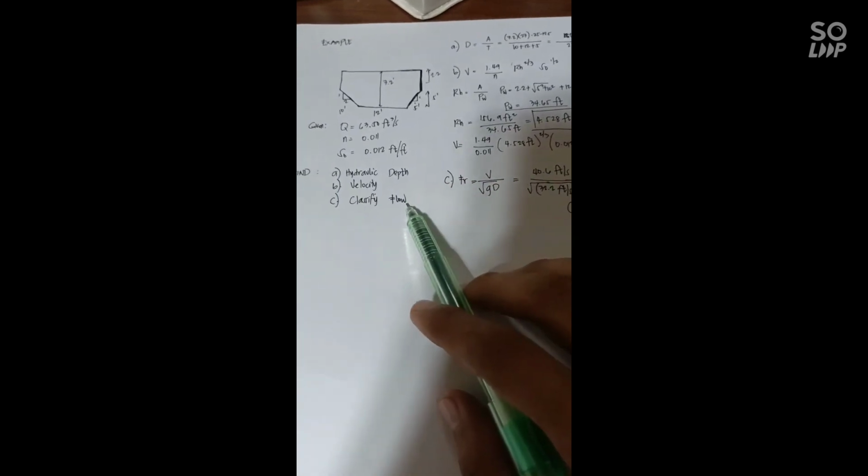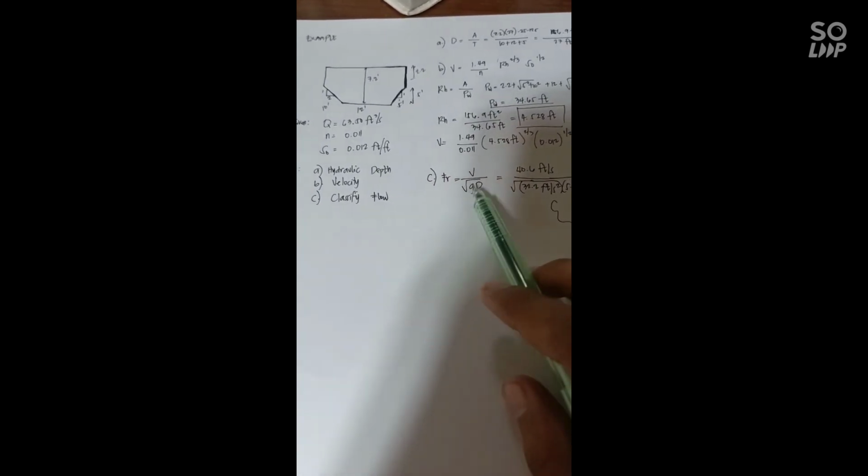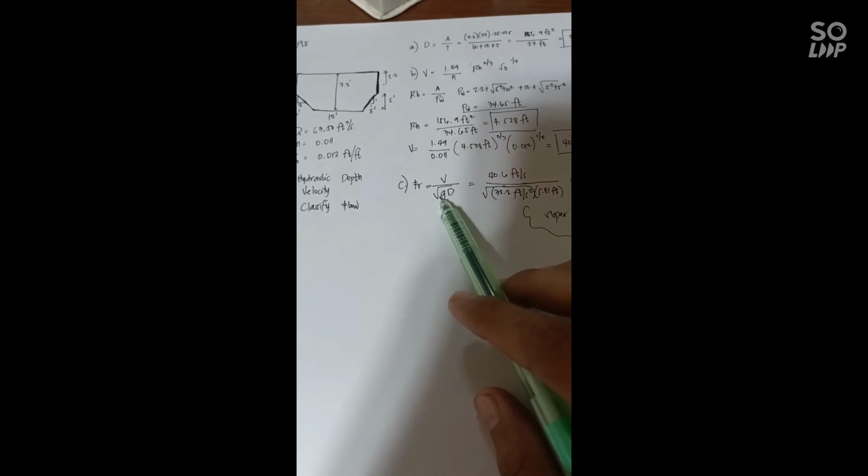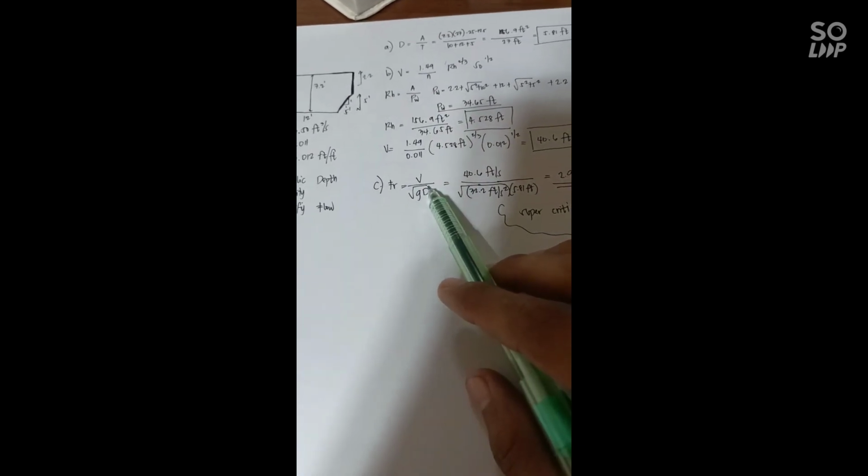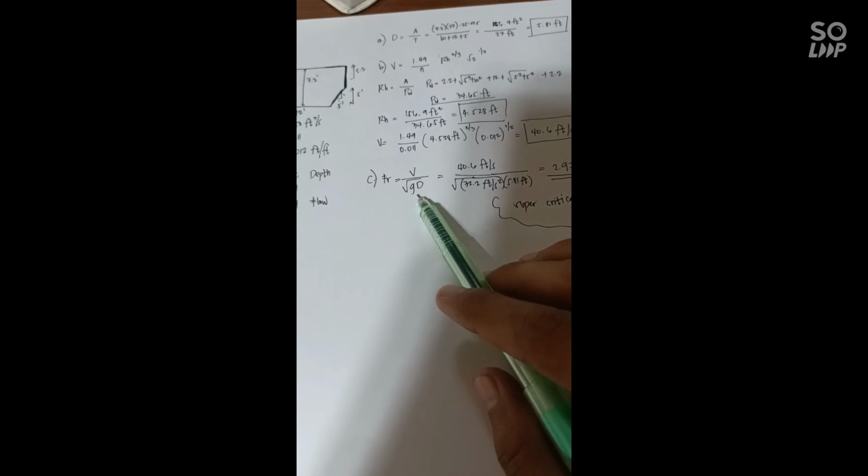So letter C, we classify the flow. The Froude number, FR, is equal to V over the square root of gD.